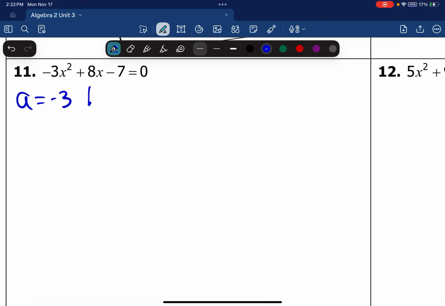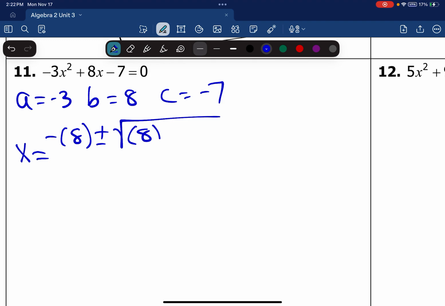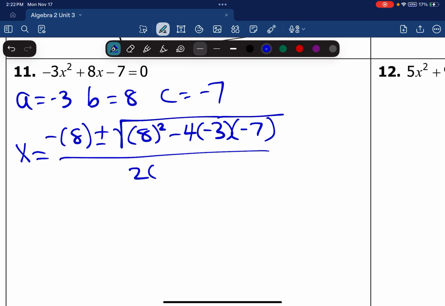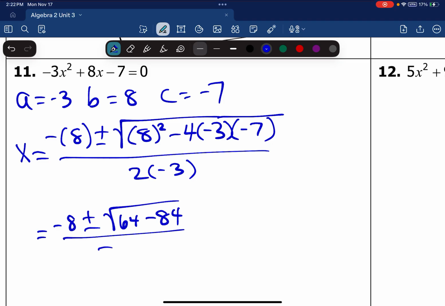A is negative 3, B is 8, C is negative 7. x equals negative b plus or minus the square root of b squared minus 4 times A times C all over 2 times A. Negative 8 plus or minus radical 64 minus 84 all over negative 6. Negative 8 plus or minus radical negative 20 all over negative 6.